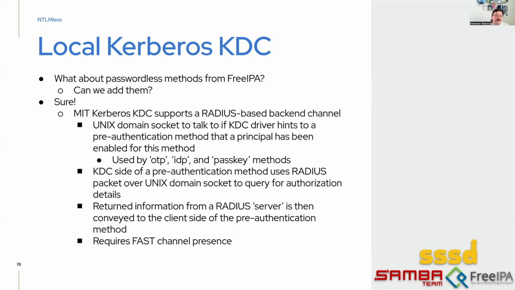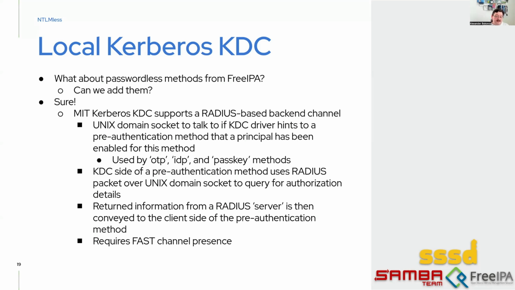And the thing is, the way FreeIPA implements this, it's a standalone daemon that gets socket activated by systemd. So it's essentially just a daemon that handles the RADIUS packet sent by Kerberos and responds with a RADIUS packet. So it can work behind a normal MIT Kerberos KDC.